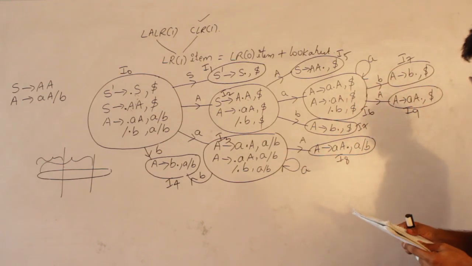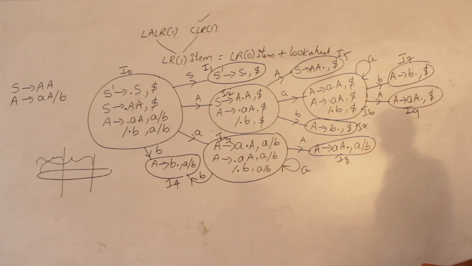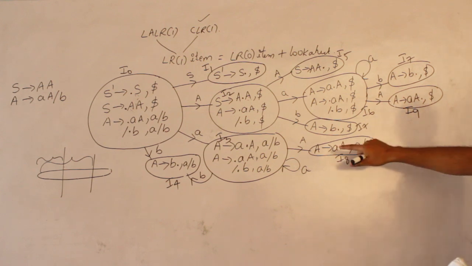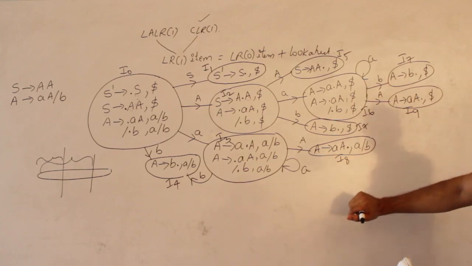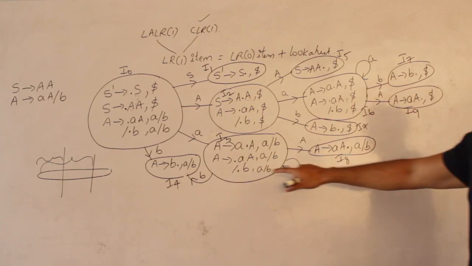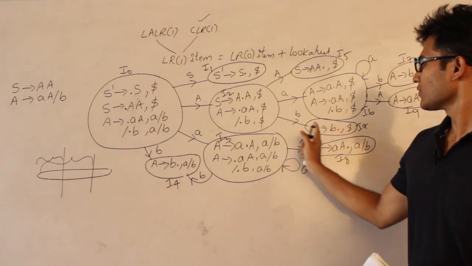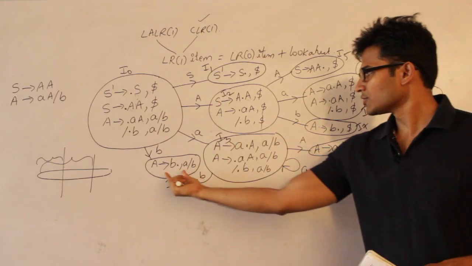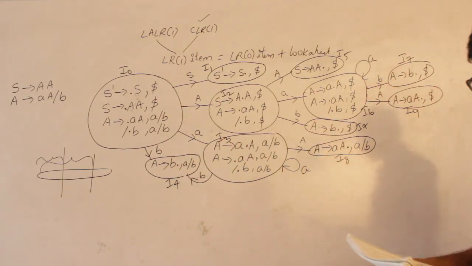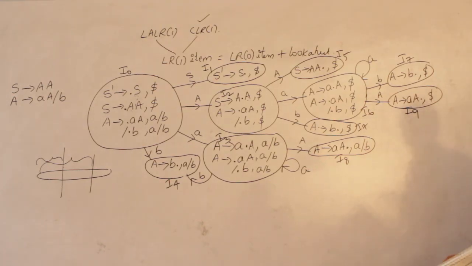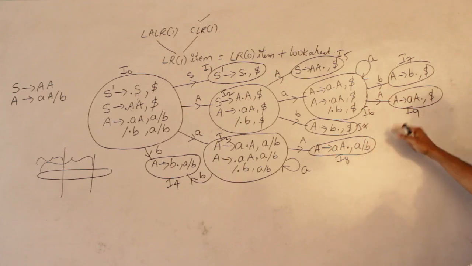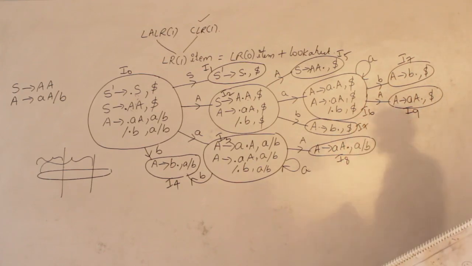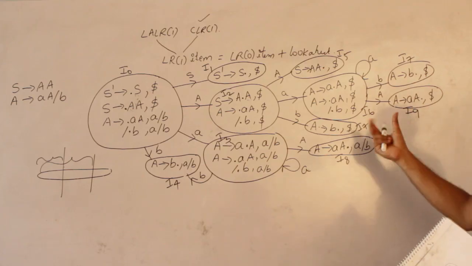Then I4 and I7 both have the same LR0 items but different look aheads. And then I8 and I9 both have the same LR0 items but different look aheads. Keep that in mind, because when I'm constructing the LALR1 parsing table, I'm going to merge these states.